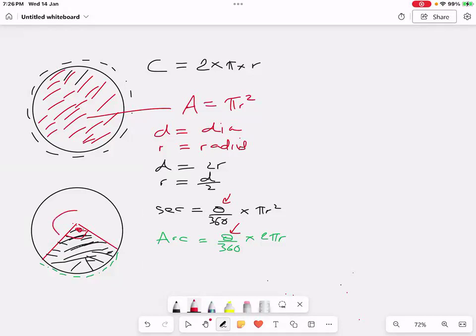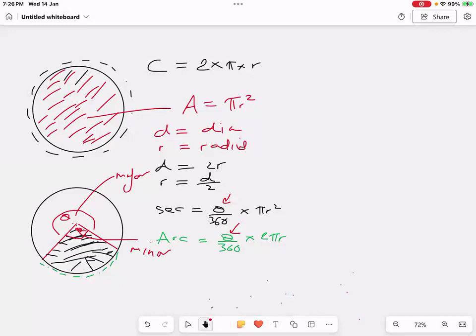And then on the outside, we would refer to this as the major angle. If you're going to calculate the area of the minor sector, you're going to need to use the minor angle. And if you're going to find the area of the major sector, you are going to need to calculate using the major angle. All right?